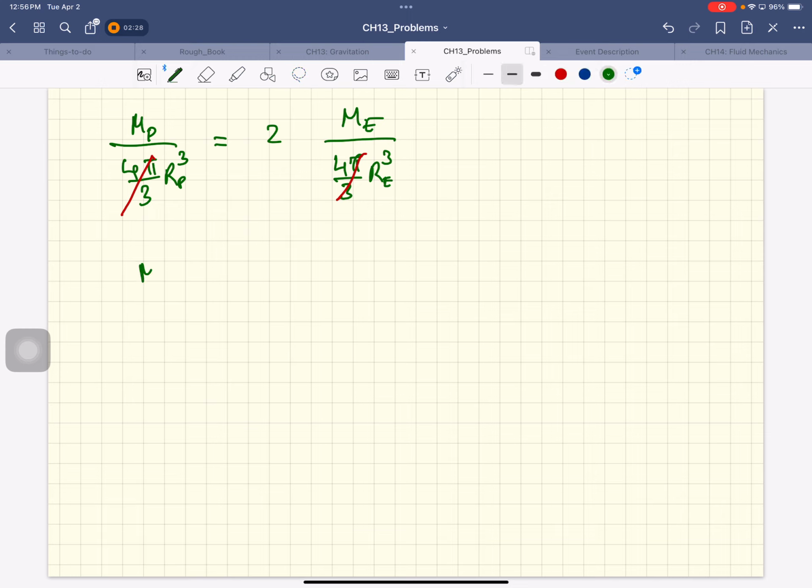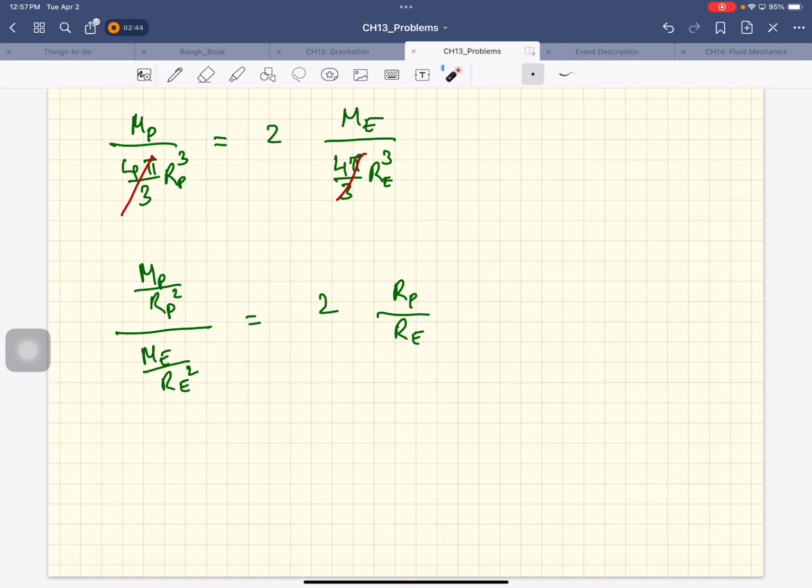Okay, so MP over RP square divided by ME over RE square equal to 2 RP over RE.